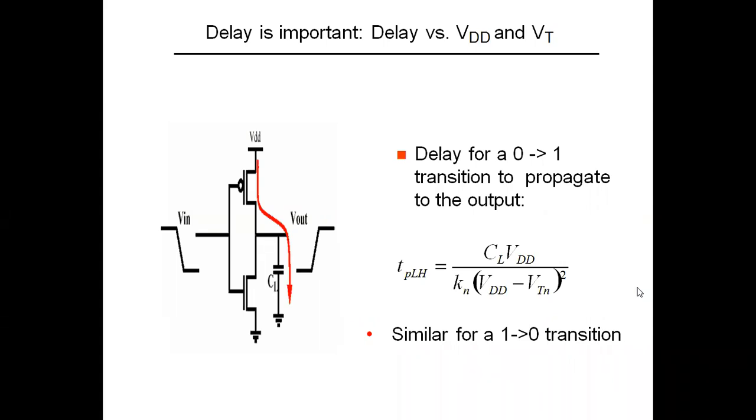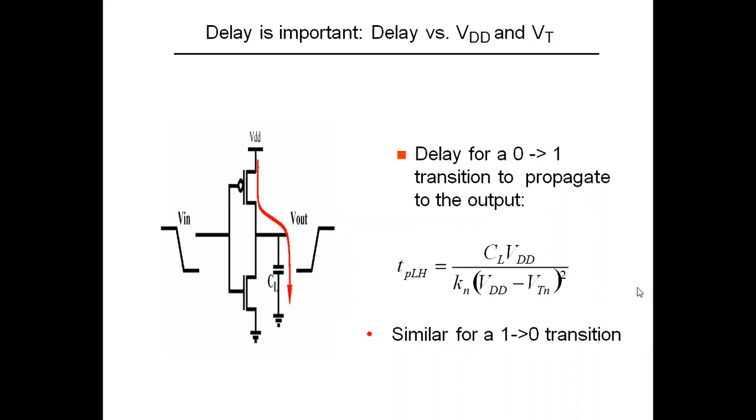It will be CL, because CL is the output capacitance. It is not going to change. CL into VDD. VDD is also fixed, because whatever supply voltage you have applied, it is fixed. Instead of Kn, it will be Kp, that is the constant for a PMOS, and VDD minus VTP, that is the threshold voltage for PMOS.